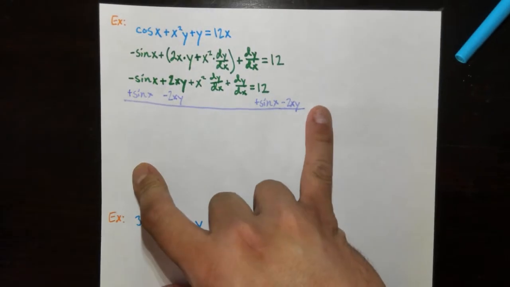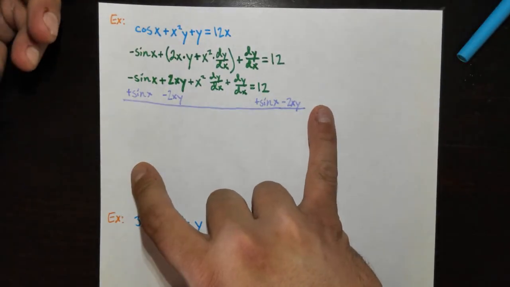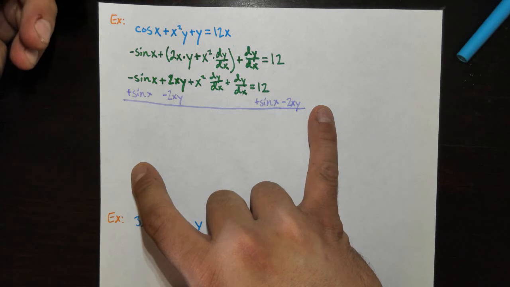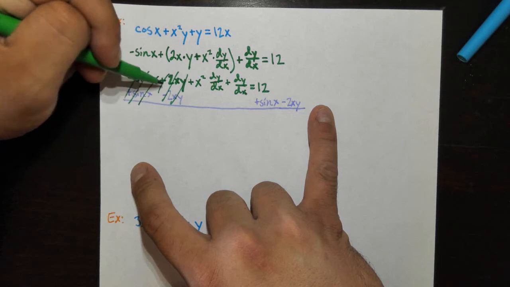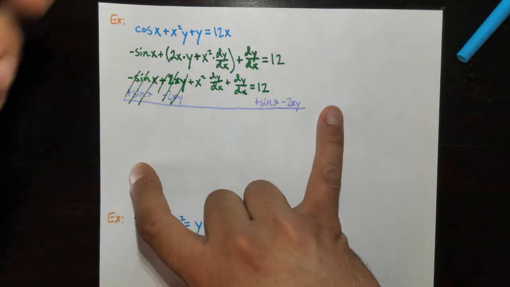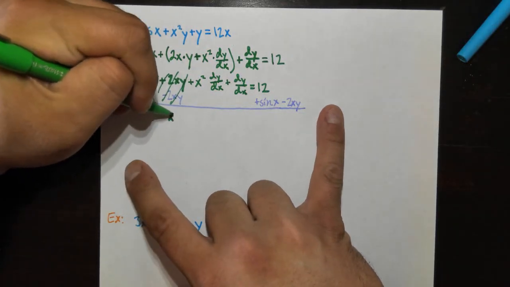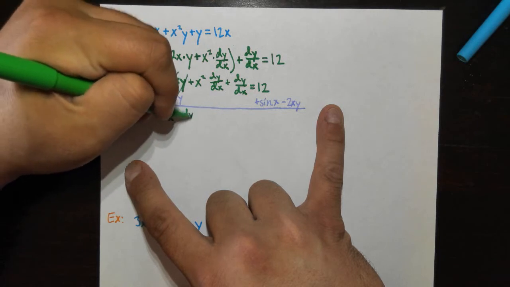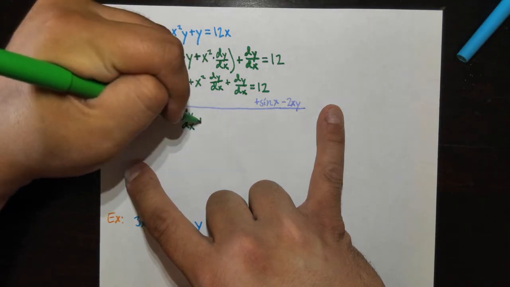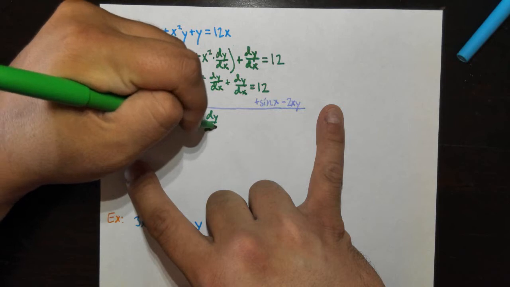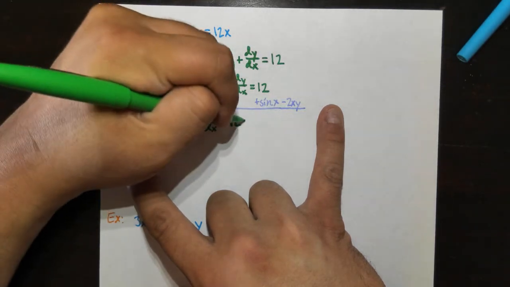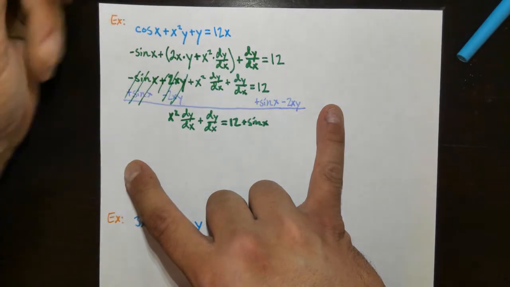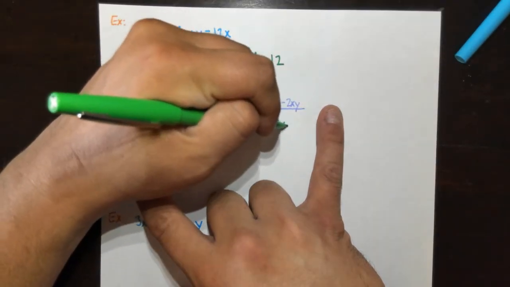So these go away. And so now we're left with x squared dy/dx plus dy/dx equals 12 plus sine x minus 2xy.